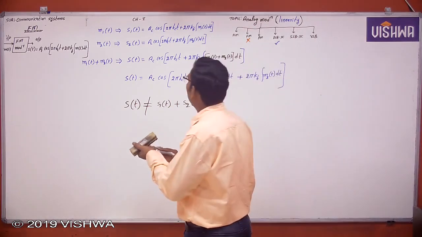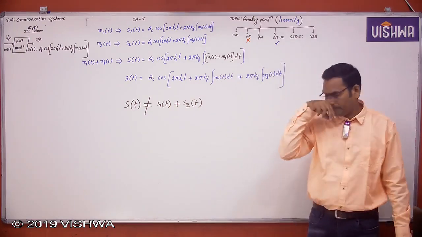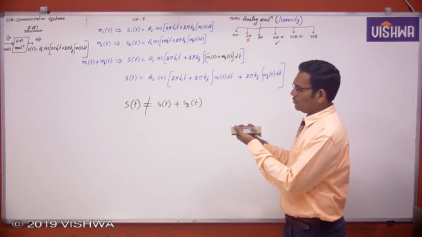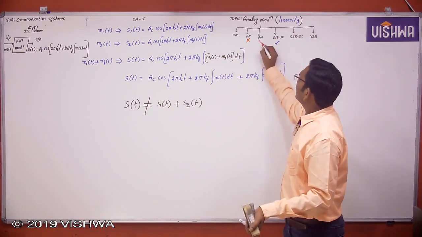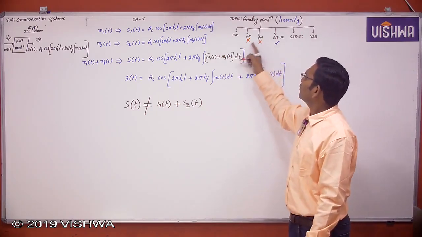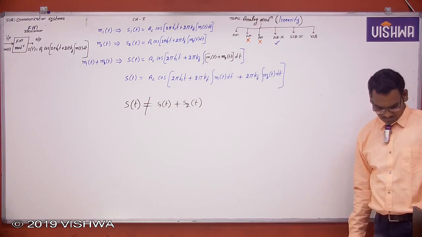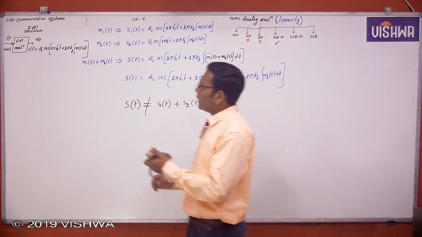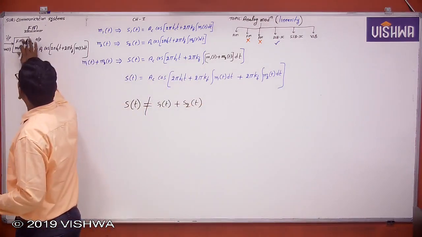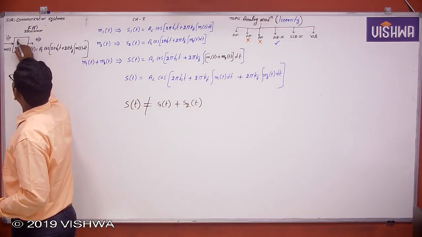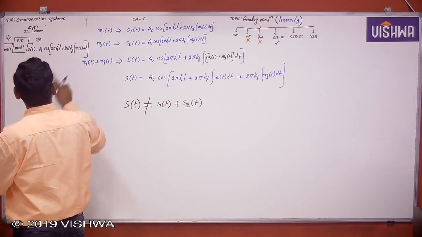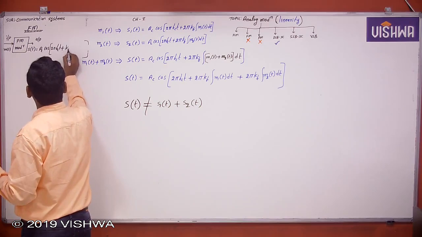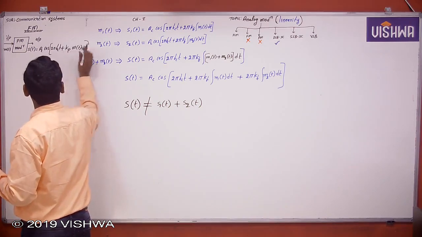Now similar, first you note down this. Now obviously PM is also same, so this PM is also not a linear modulation. Okay, this is a non-linear modulation. Now if it is PM modulator, because PM is also same, no? PM modulator, Ac cos 2 pi fct plus Kp into m of t.